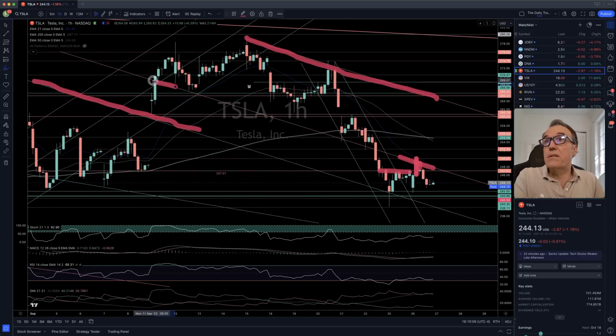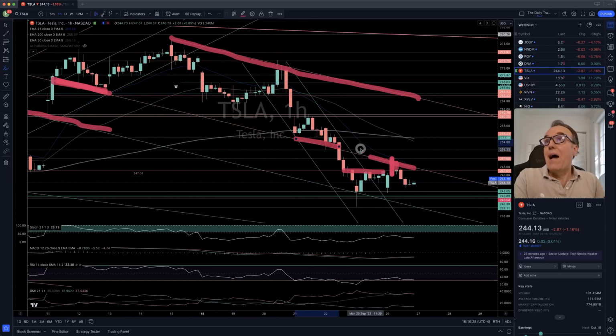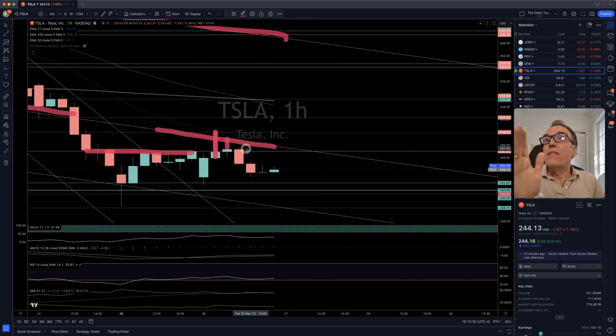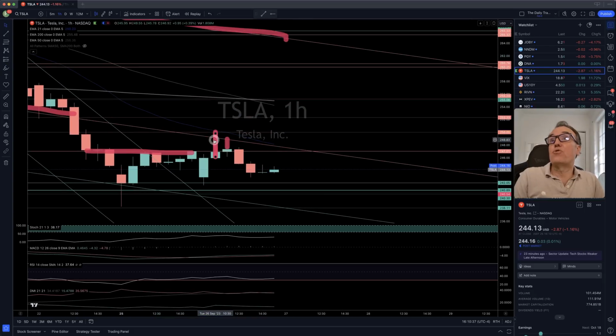This downward resistance started approximately on September 11 and was active until September 12th. And then it was also used September 21st right here as a support in those two places. But right here, there was a definite possibility that it could act as a resistance.